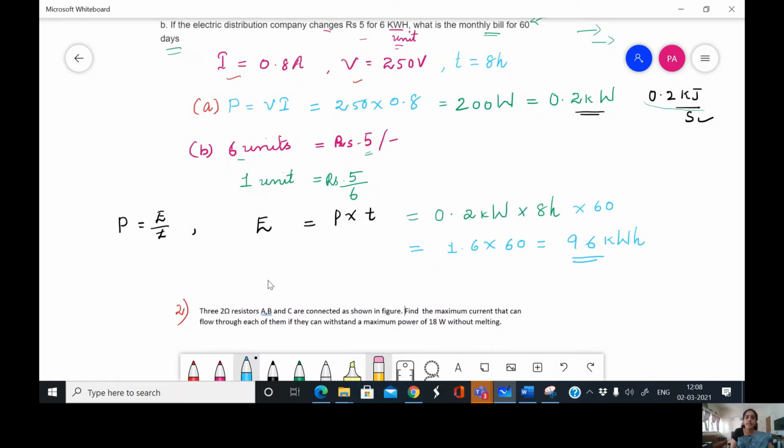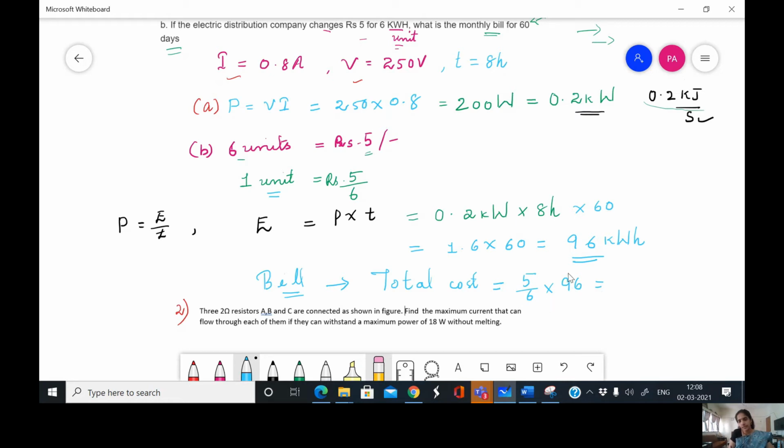Then how much is the bill? So the monthly bill, the electricity bill, is total cost: what we have to pay if we burn 1 unit, that is 5 by 6. So like that for 96 units. So how much is coming?